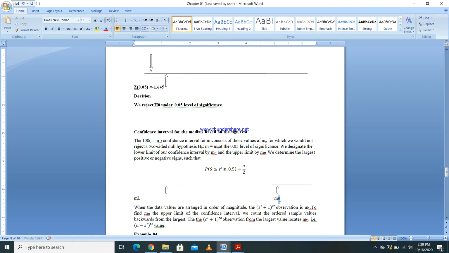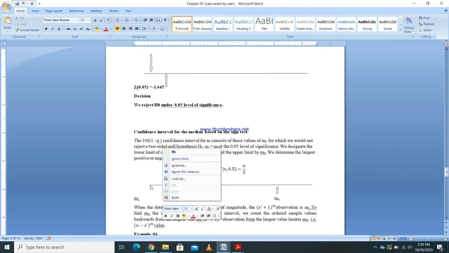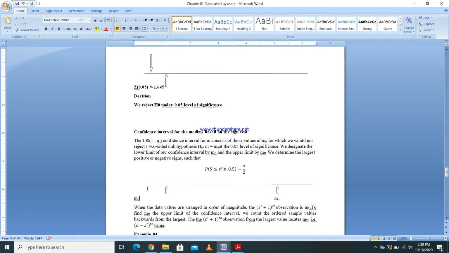We are going to find these two limits using the sign test statistic, because it has a binomial distribution. When you find these two limits, the probability that any point in the population is less than this ml value should be equal to alpha divided by 2, because this area should be equal to alpha divided by 2.